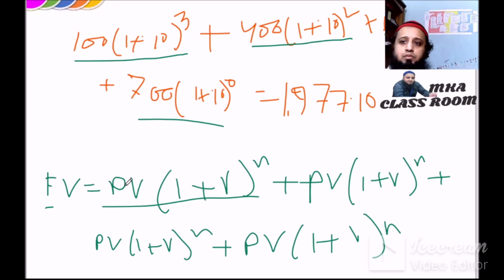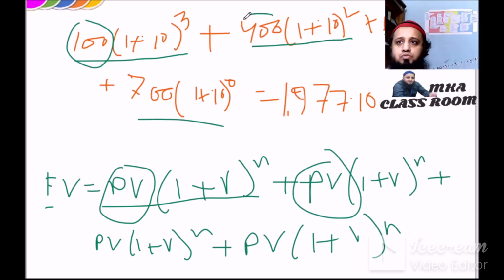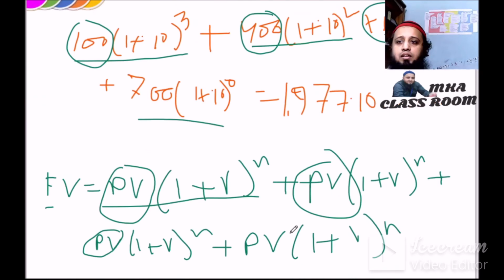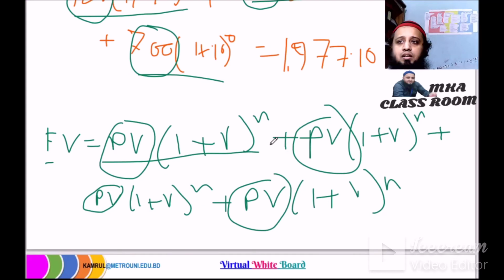So here PV is for 100 taka, here PV is for 400 taka, here PV is for this 600 taka, and here PV is for this 700 taka, and the result of our future value is 1977.10 taka.